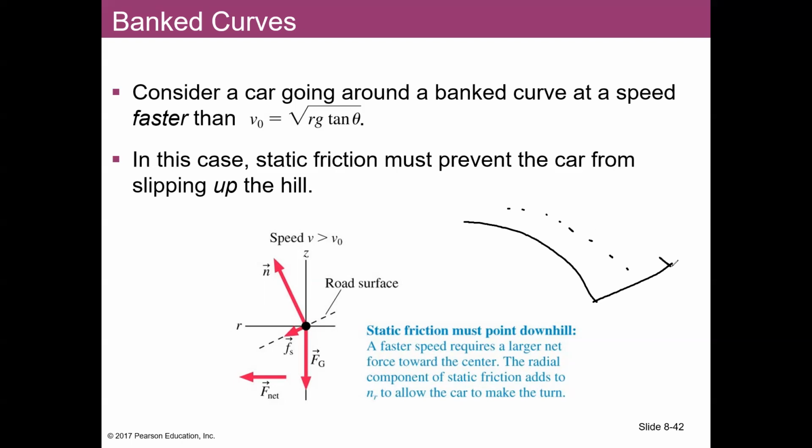And so if you've got the car, we love to kid around about how bad the drawings get when we're doing 3D physics. But if the velocity is bigger than square root of r g tangent theta, which again you derive in the banked curve section, it's not going to stay in its lane. It's going to start to skid upward.